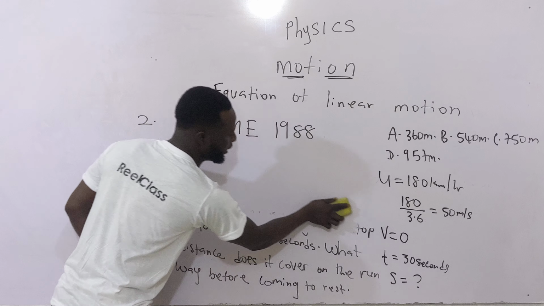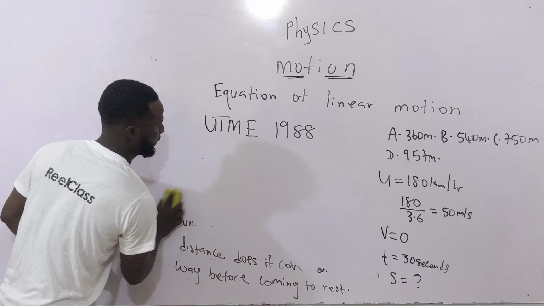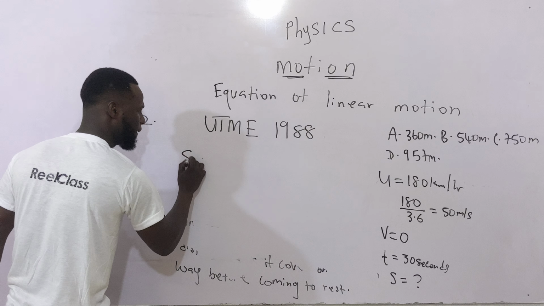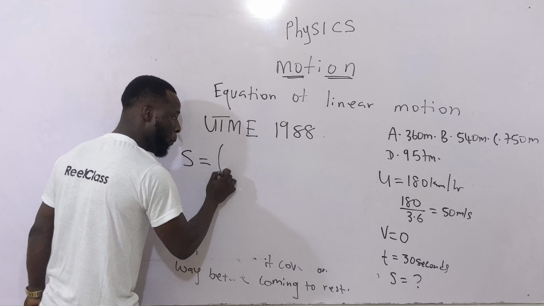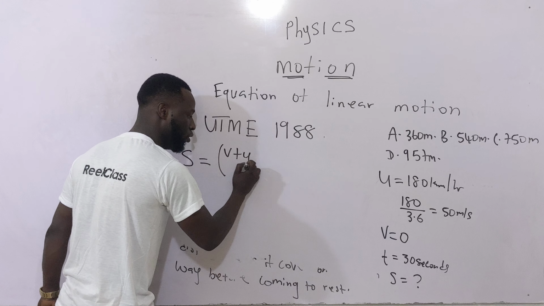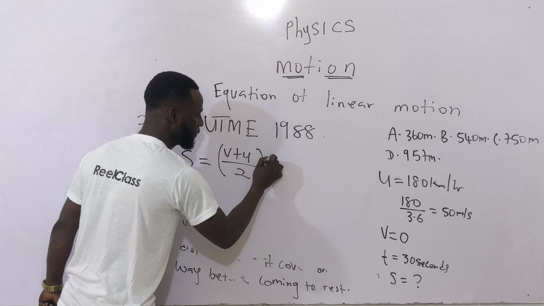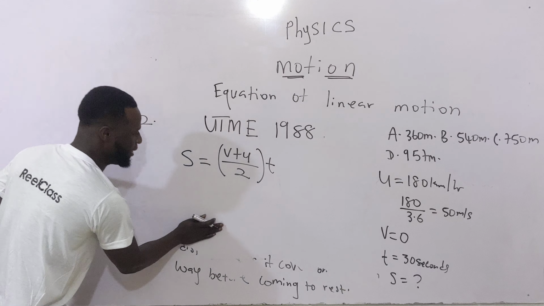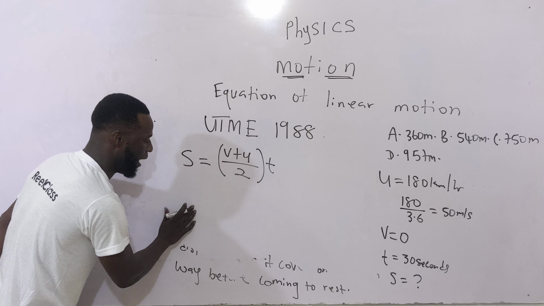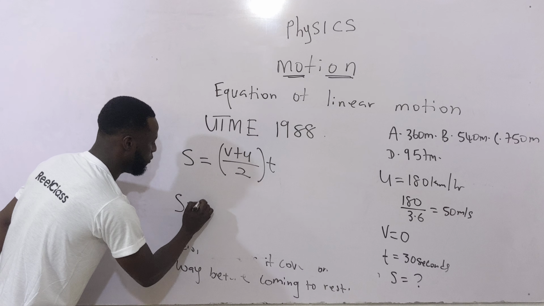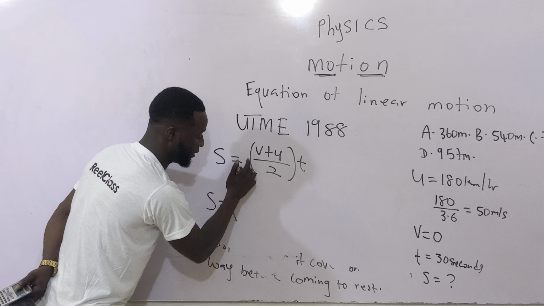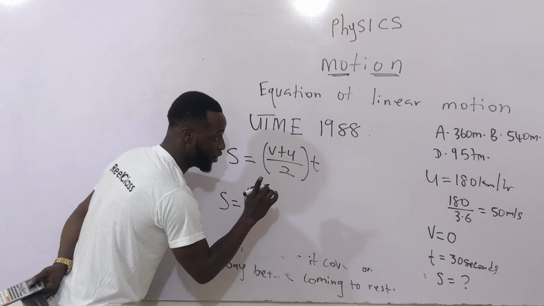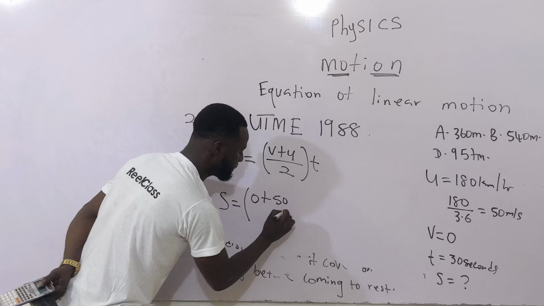And the fourth equation is S is equal to (V plus U) over 2, times t. This is the equation. Now, using this equation, I'm going to have S is equal to, final velocity is 0, initial velocity is 50.